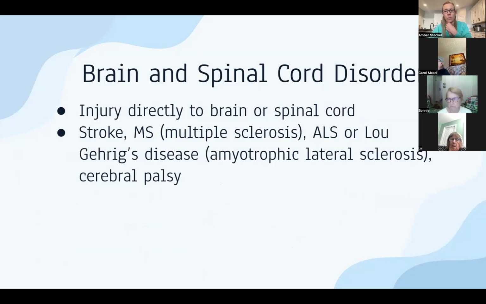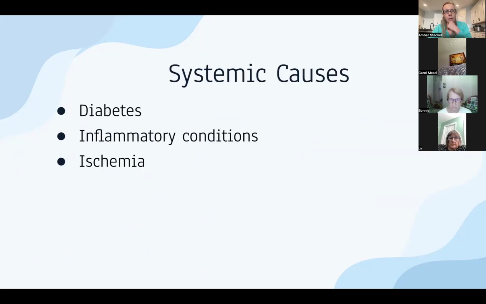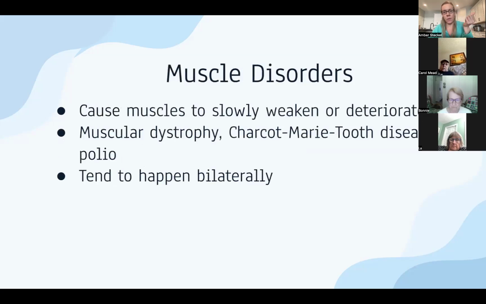So stroke, multiple sclerosis, ALS, cerebral palsy. It could be from systemic causes like diabetes, inflammatory conditions, autoimmune things, ischemia, which is a lack of blood supply. And then muscle disorders would be muscular dystrophy, Charcot-Marie-Tooth, polio. Don't have to worry about that one too much.